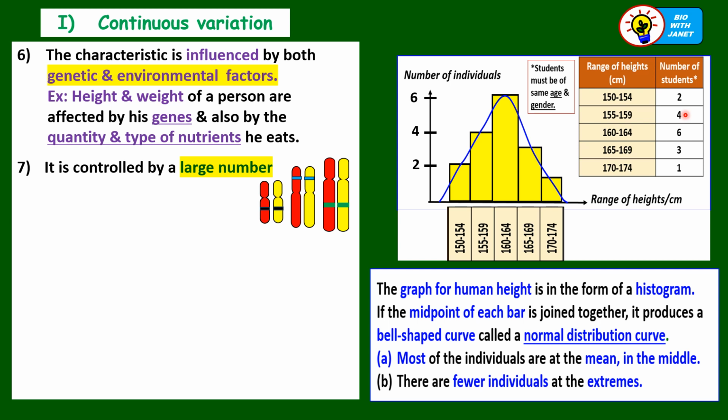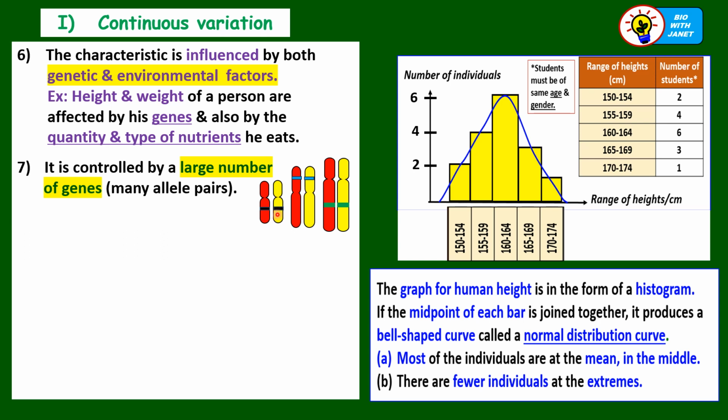Now, number 7, the characteristic is controlled by a large number of genes, many allele pairs. For example, the characteristic that shows continuous variation could be controlled by 3 genes on 3 different types of chromosome. Maybe this is chromosome number 1, chromosome number 2, and chromosome number 3. So each gene is made up of a pair of alleles, on the same locus on a pair of homologous chromosomes.